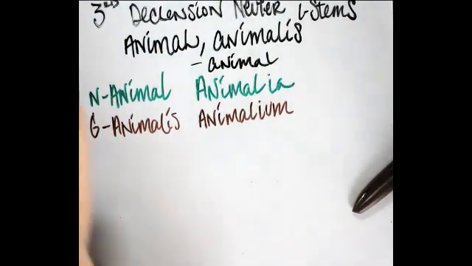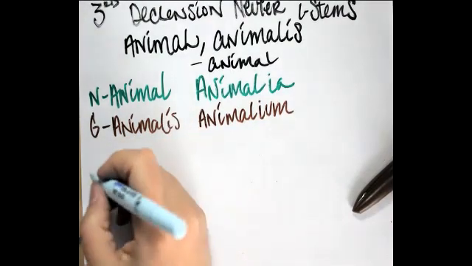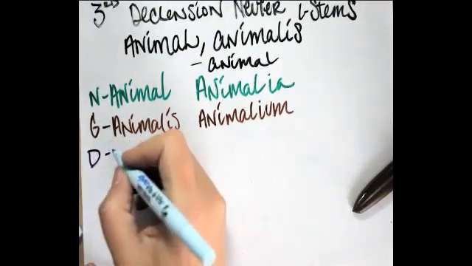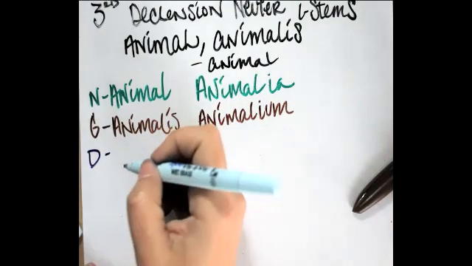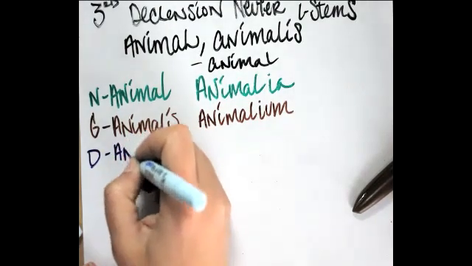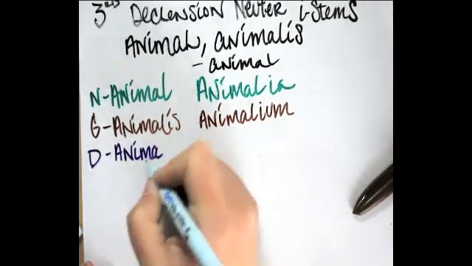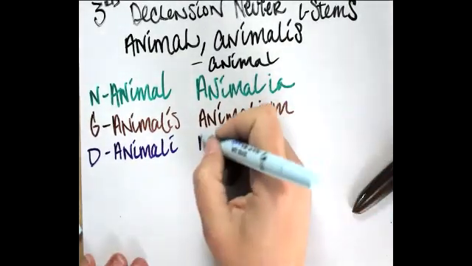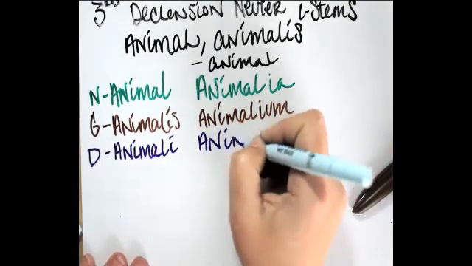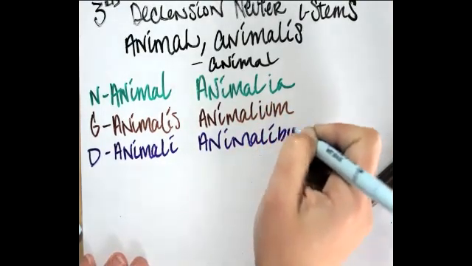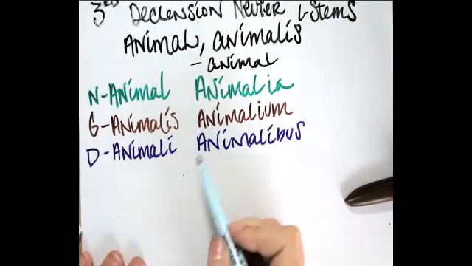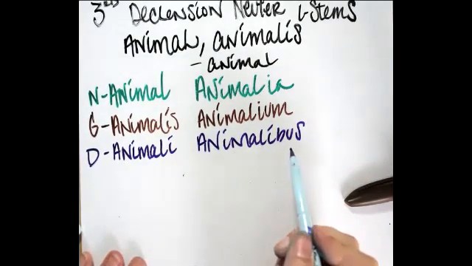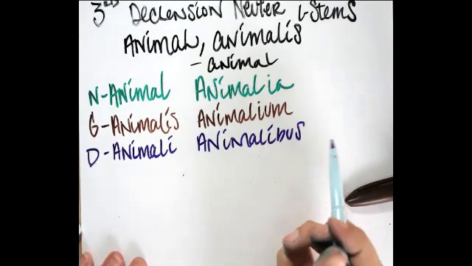In your dative singular, you have animali, just like you would expect so far. In your dative plural, same as everything else so far, animalibus. It's going to happen in masculine, feminine, I stem, no I stem, the ibus thing.